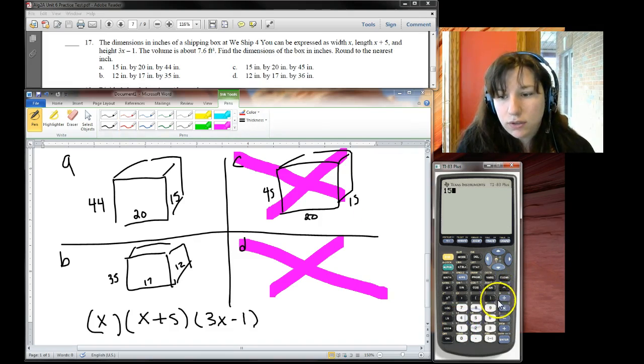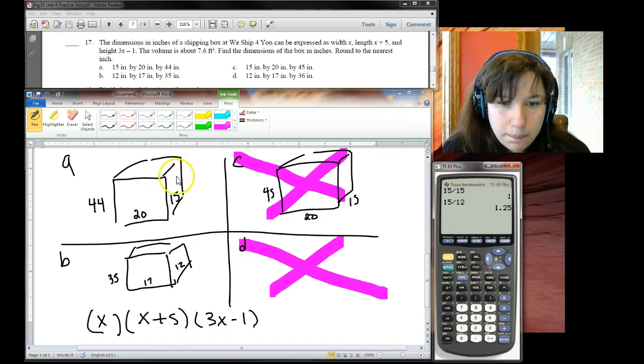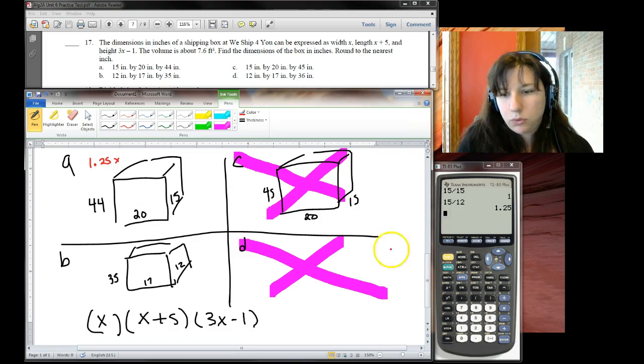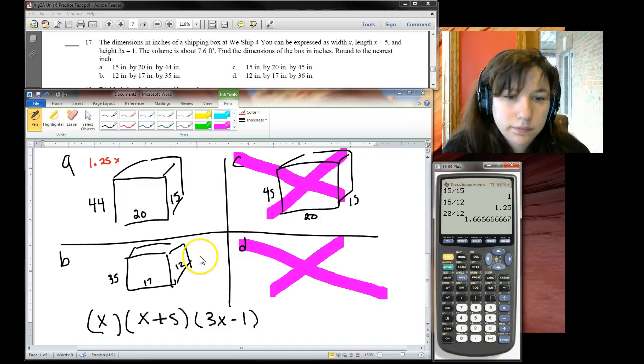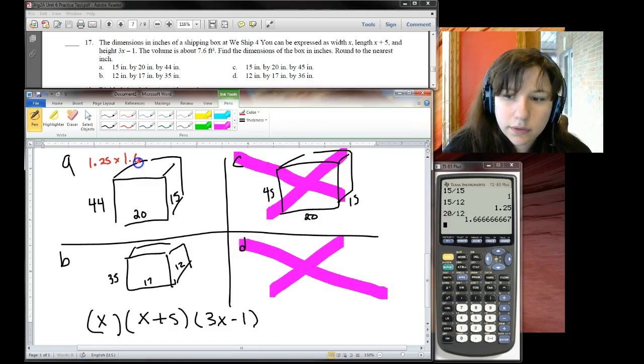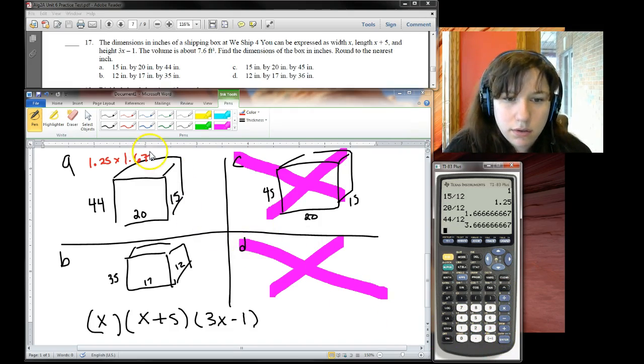So 15 inches divided by 12, oops, why did I divide by 15? 15 divided by 12 gives me 1.25. Then 20 divided by 12 is 1.67. 44 divided by 12 is 3.67.